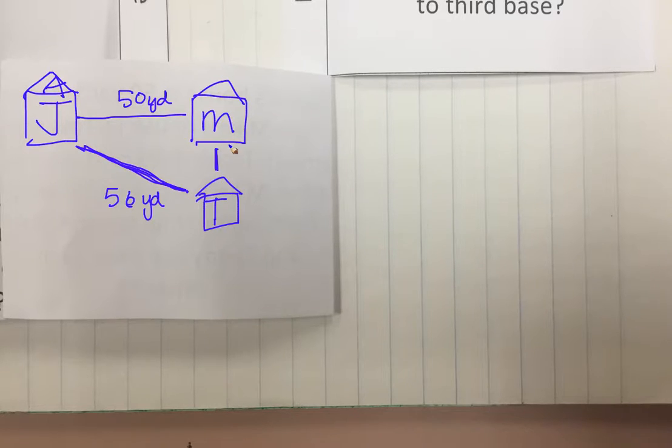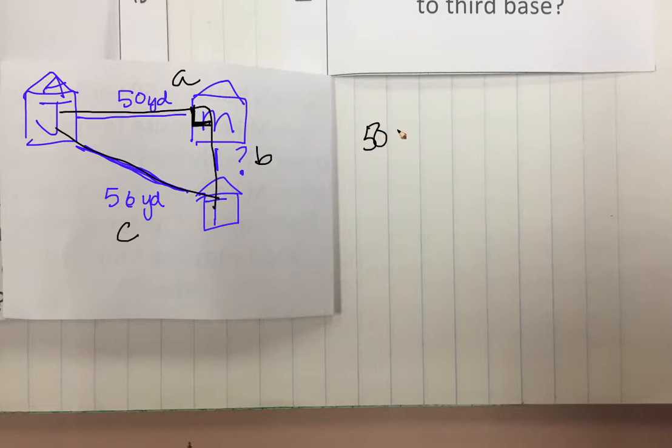So what we're trying to find out is how far do Mike and Teddy live from each other? My next door neighbor guys. So if you look at this, it creates a right triangle. Okay. And so my 50 yards can be A, my question mark can be B, and my distance from Jamie to Teddy can be C.